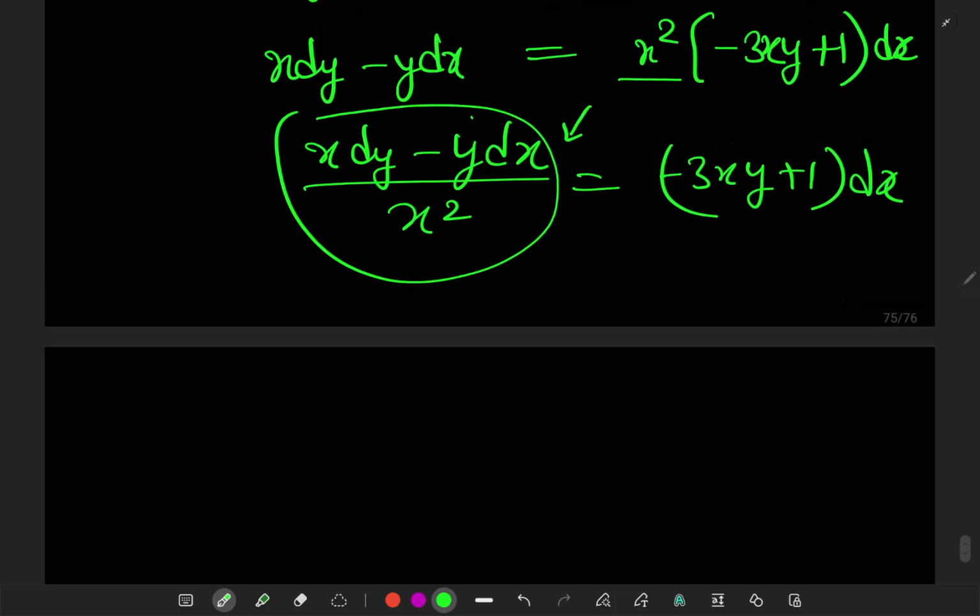Now this is equal to the differential of y by x, so we can write this.